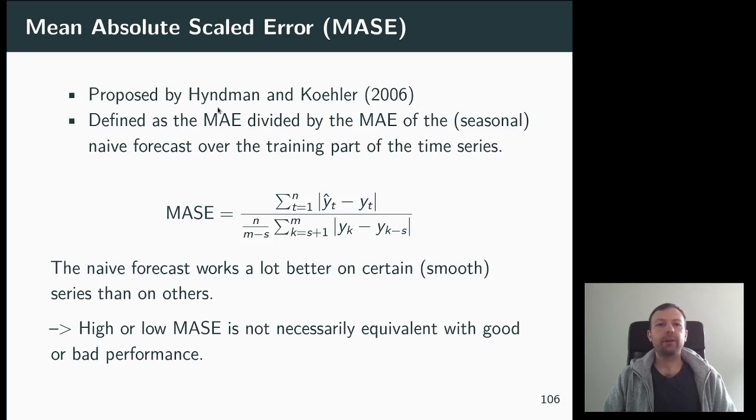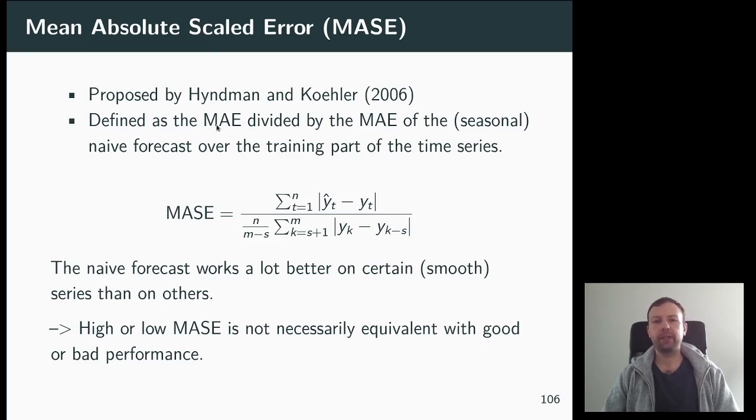Good. So in their work from 2006, Hyndman and Koehler came up with a new error measure that solves many of these problems. They came up with the MASE, the mean absolute scaled error.